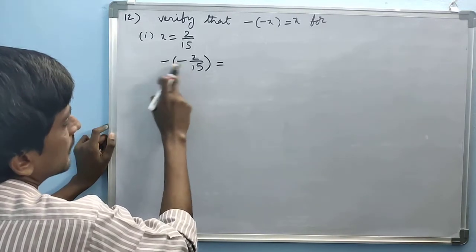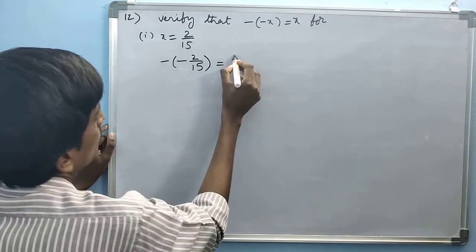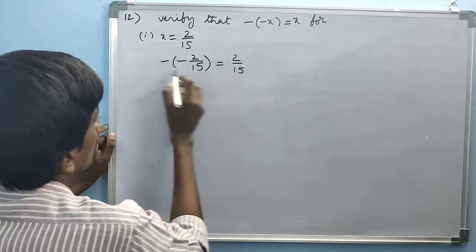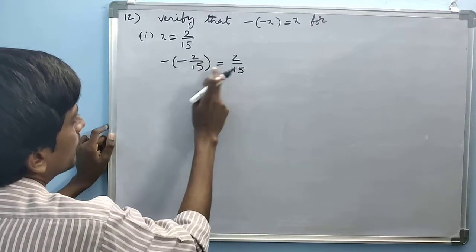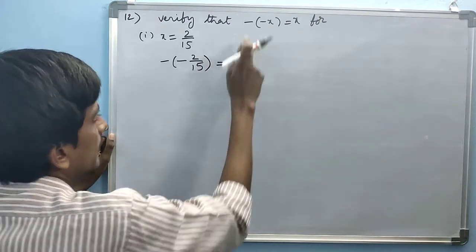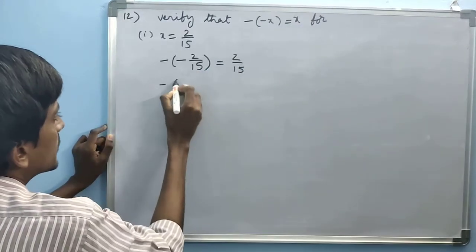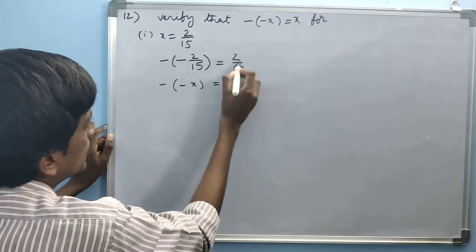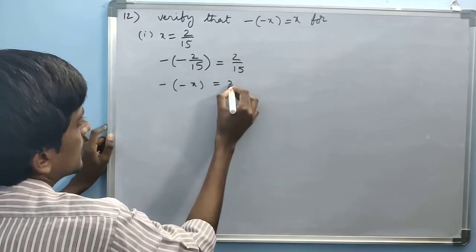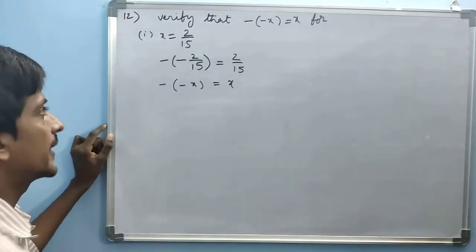Minus into minus is plus, 2 by 15. So, minus of minus 2 by 15 equals 2 by 15. Minus of minus x equals x. This is the value of x. So, the first one is verified.